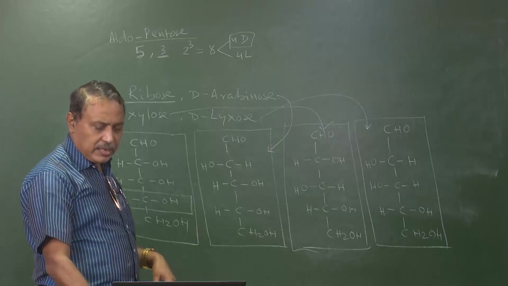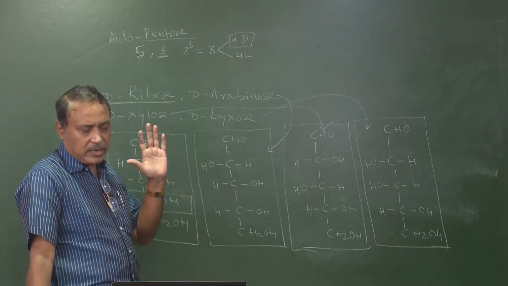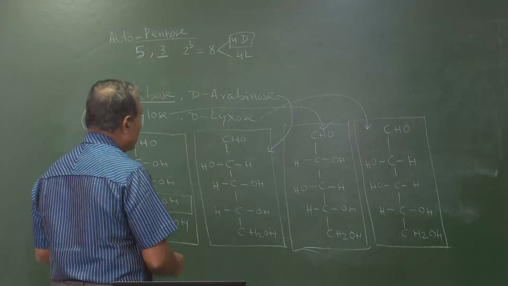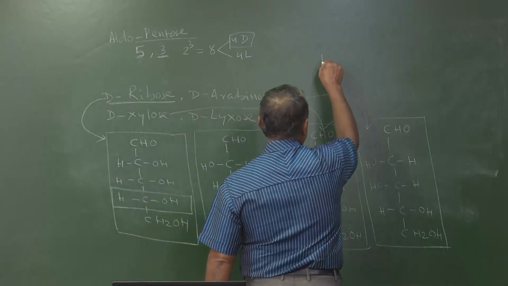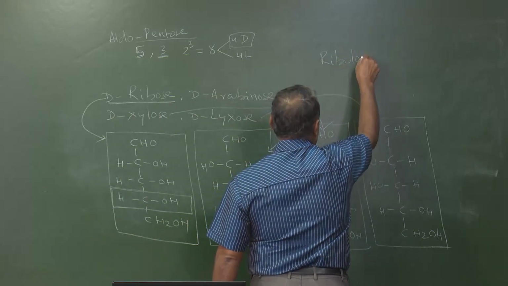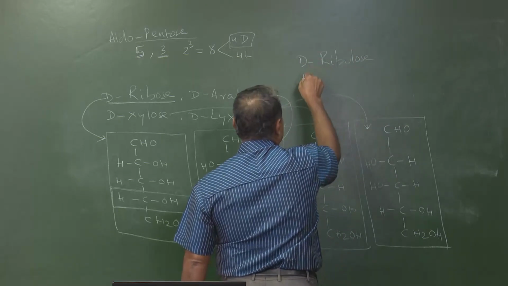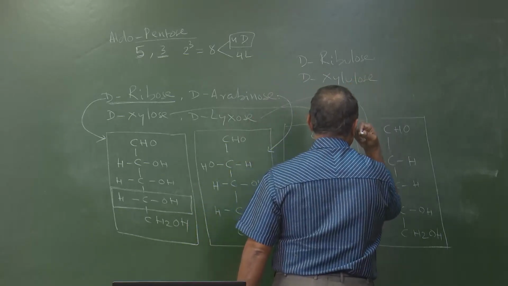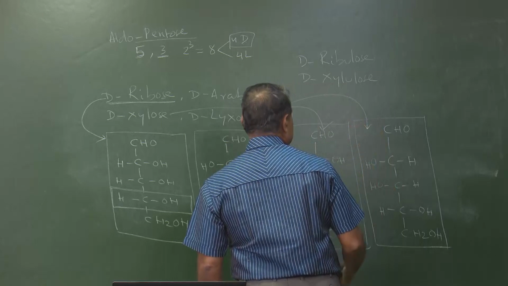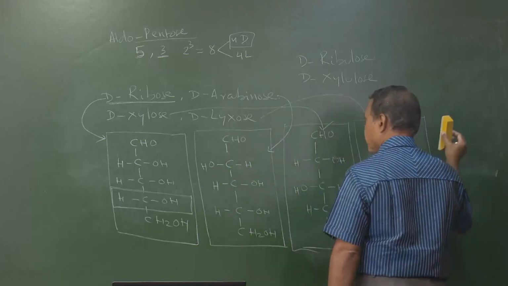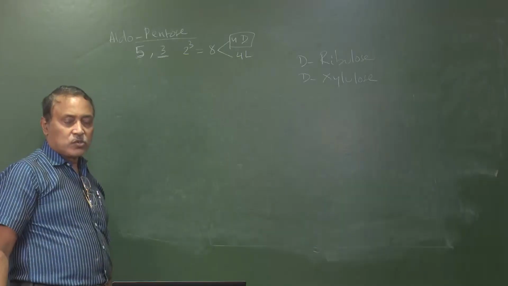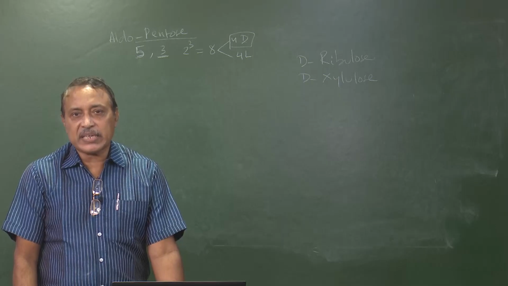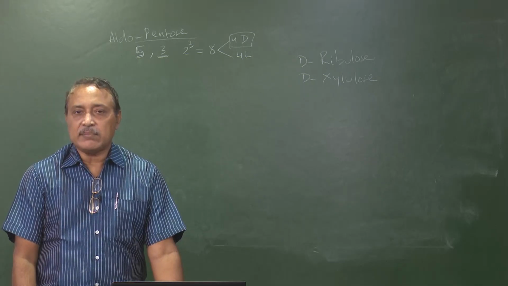Now coming to the ketone form, the ketose form, we will have the ribulose and D-xylulose. D-ribulose and D-xylulose. Well, let me draw it. You must not forget that they are the ketone form.